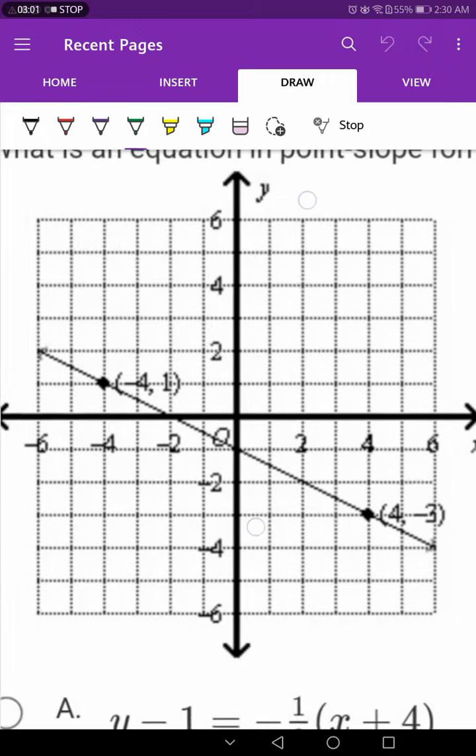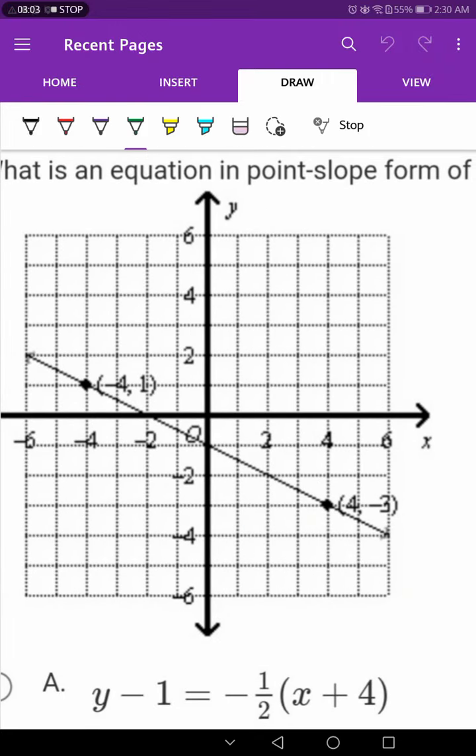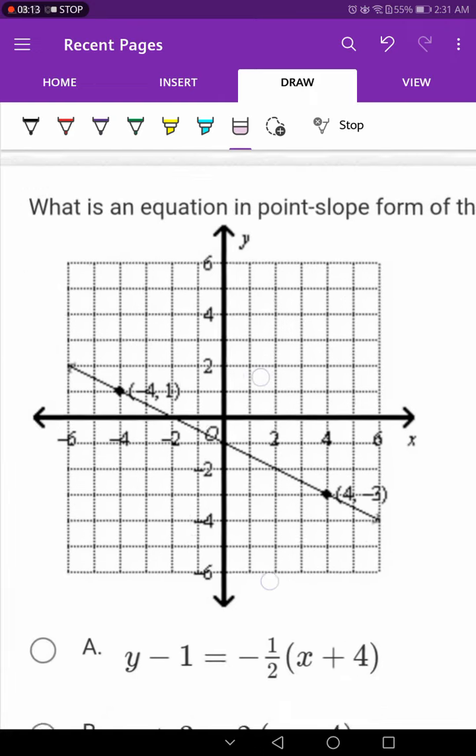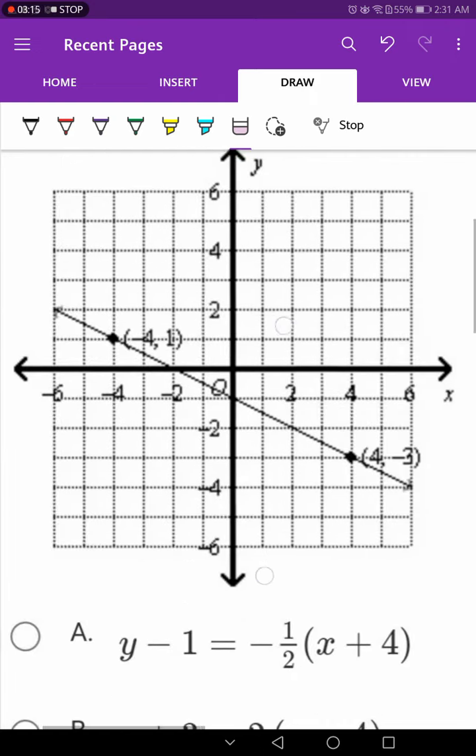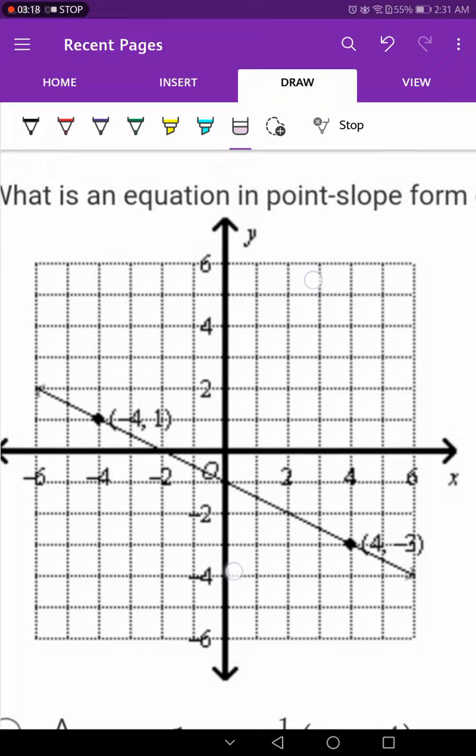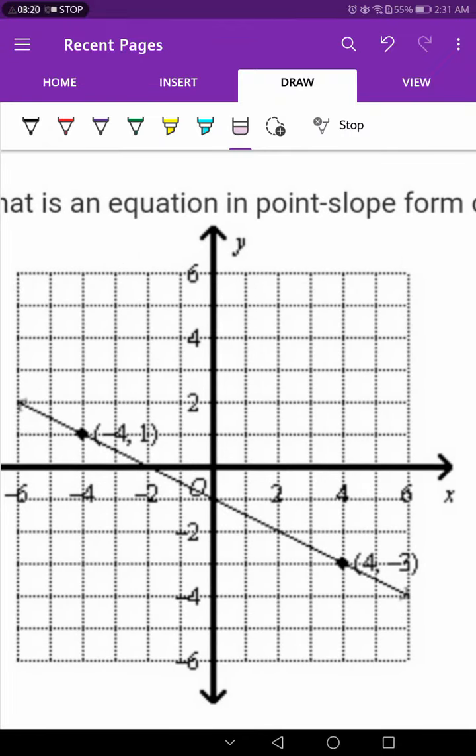So he asks you, what is the equation for this graph? He means this line that passes through 2 points. But you have to select one of these. To avoid any confusion, my dear student, you have to use this point or this point.